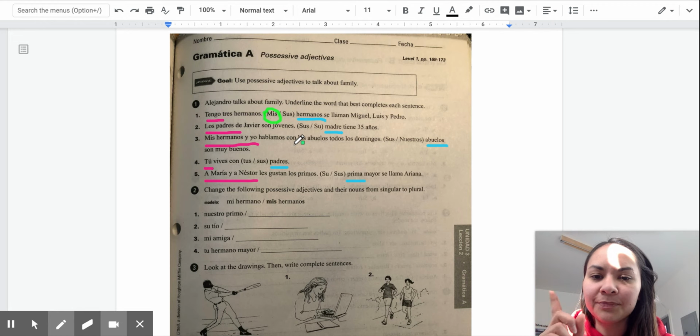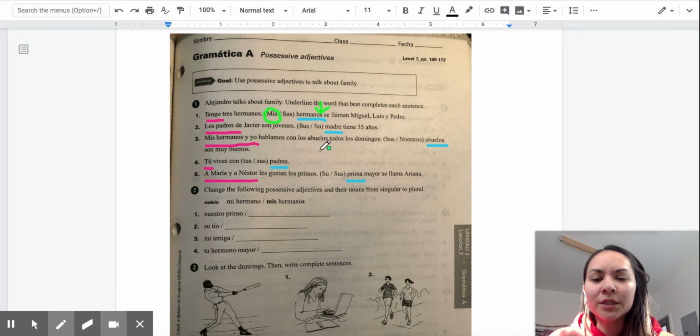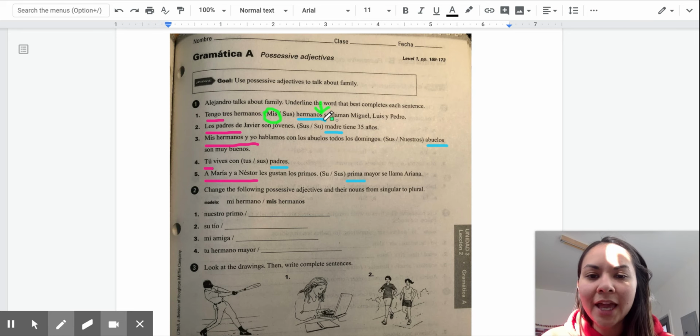But if we were still confused about whether or not it's plural, we would look to hermanos right here, and it has an ese, right? So that means it's going to be plural. If it was mi and mis, you would choose mis because we're talking about mis hermanos.